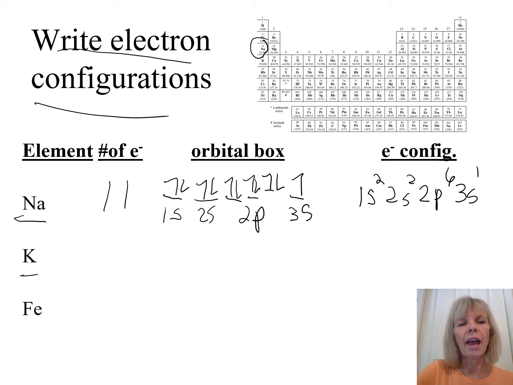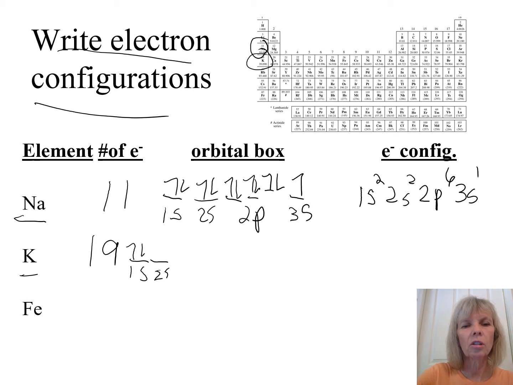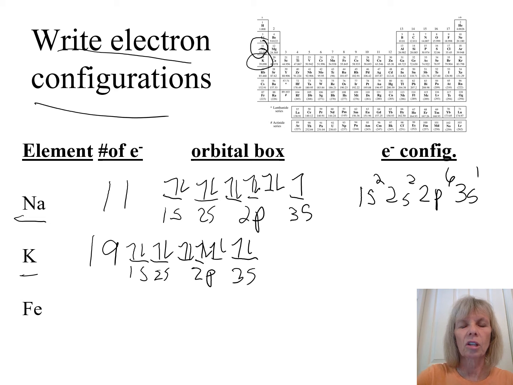Now potassium is right below, so that one has 19 electrons. So we're going to follow our order again. 1s with 2 electrons, 2s with 2 electrons, then we have our 3 2p's. Spread them out first and then pair them up. We're at 10 electrons, then comes 3s, which can contain 2 electrons. Then we go to 3p.